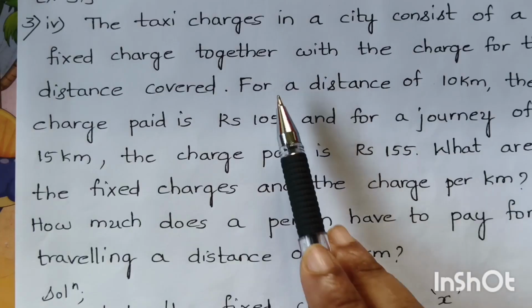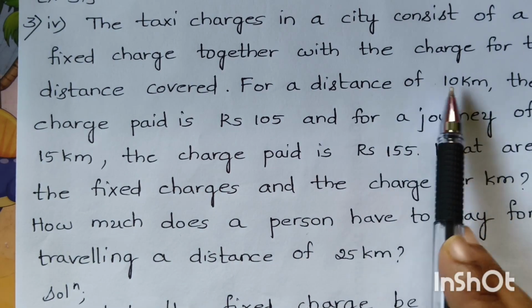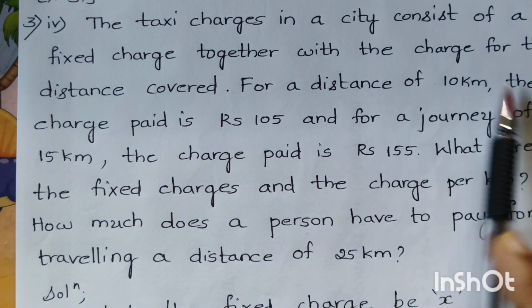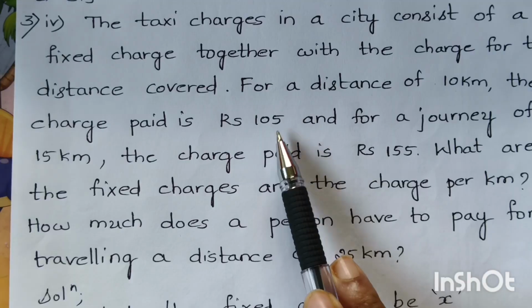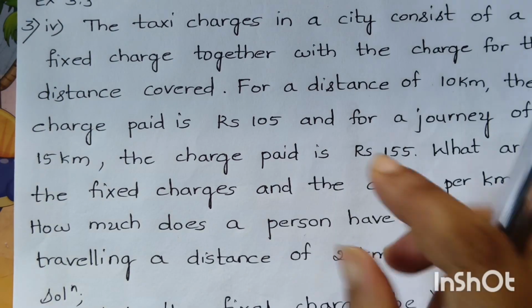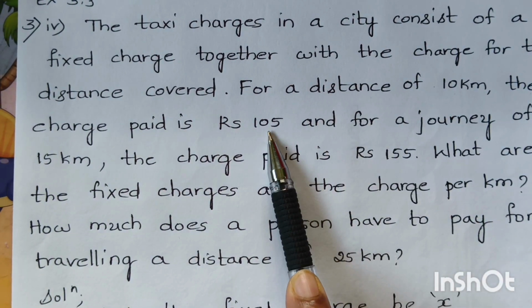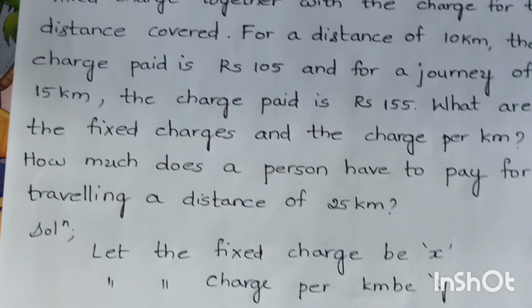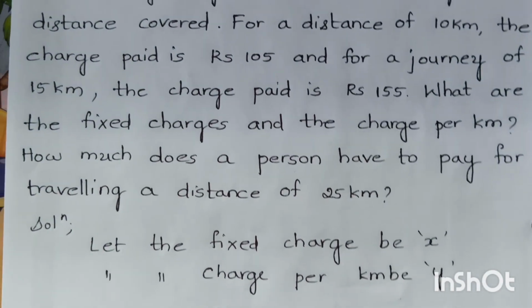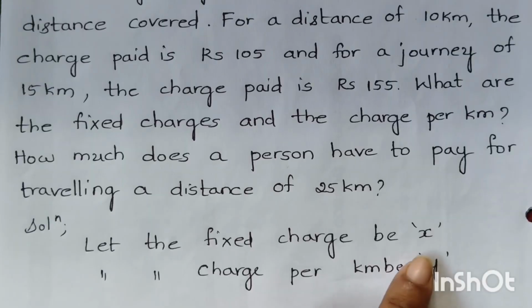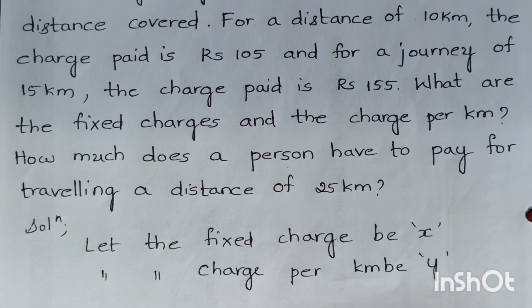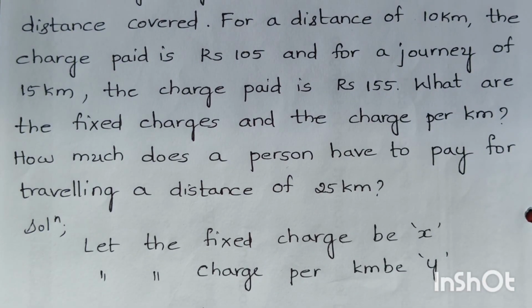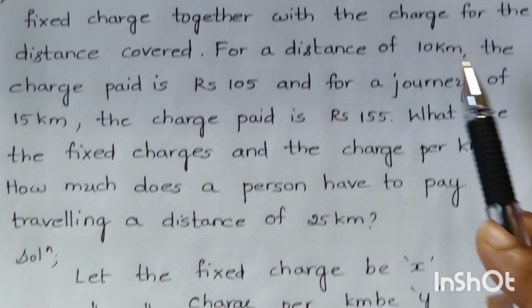Read this sentence. For a distance of 10 km, the charge paid is 105. For this sentence, let us write the equation. Here, the customer has to pay a fixed charge, that is x. Then, how many kilometers will he travel? For that he has to pay the amount.